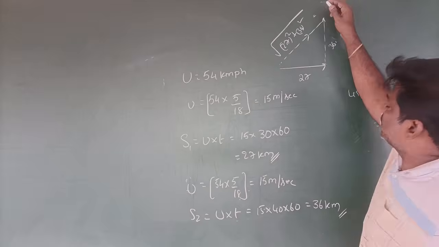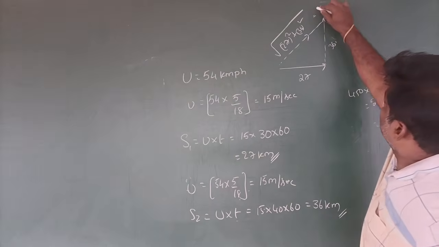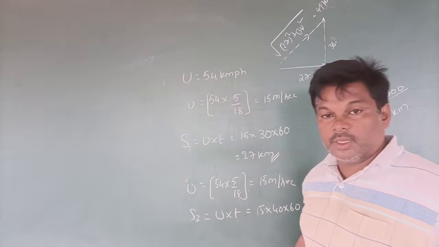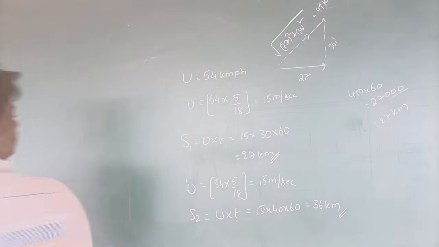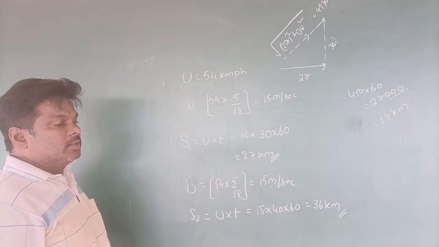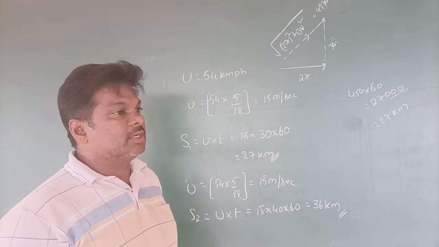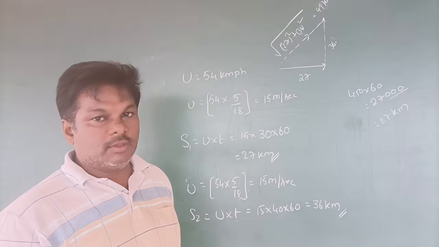Do the calculation. 2025 you will get, so 45 kilometers. Note it down. So along the east side we got some displacement, along the north side we got a displacement. The net displacement is equal to 45 kilometers.